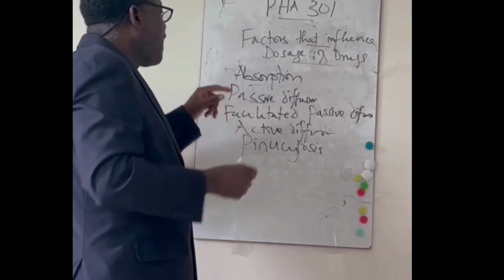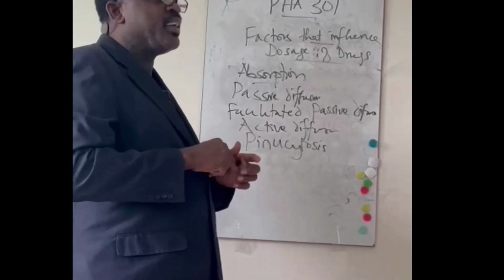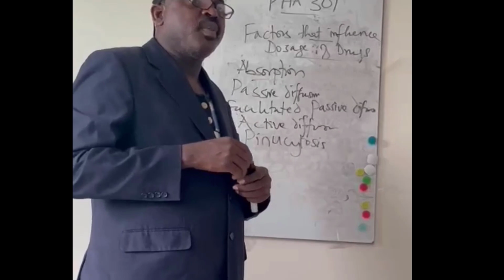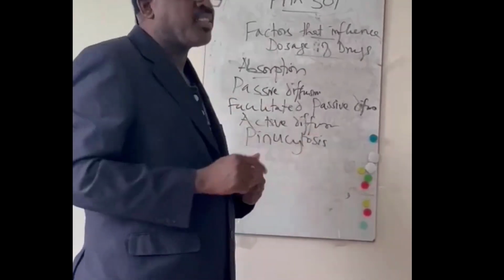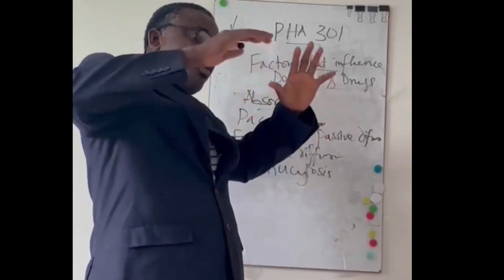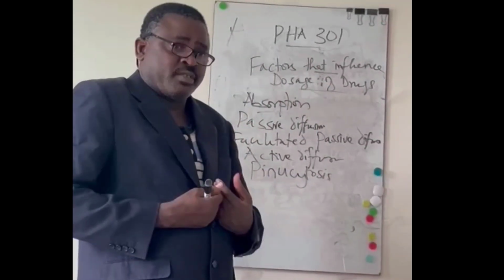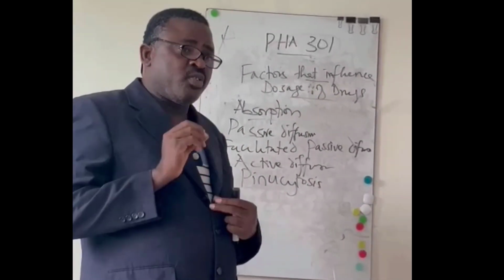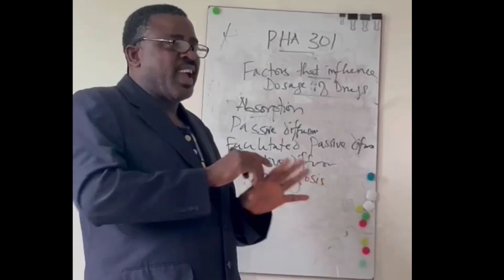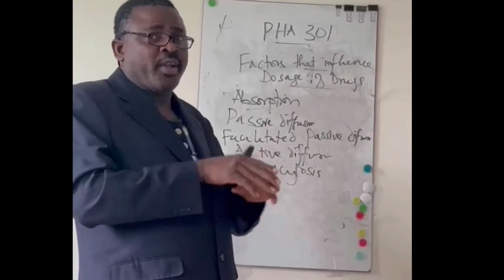Now, when you say passive diffusion, it means when the drug gets to the luminal wall of the small intestine, because the larger amount of that drug is in the small intestine, it's very easy for this drug to get into the bloodstream where there is no drug.